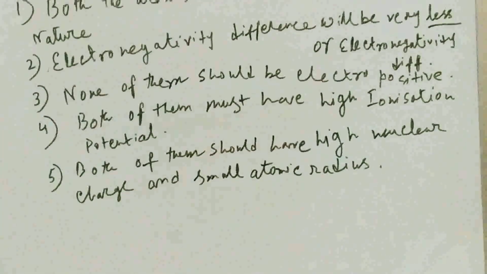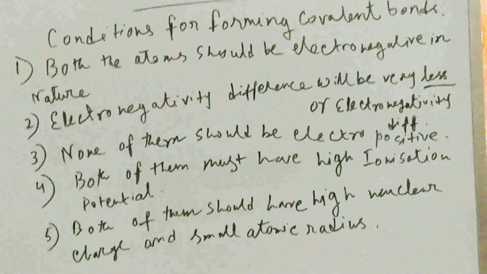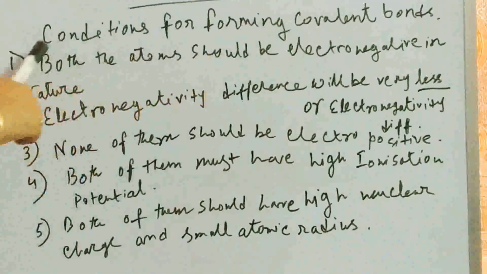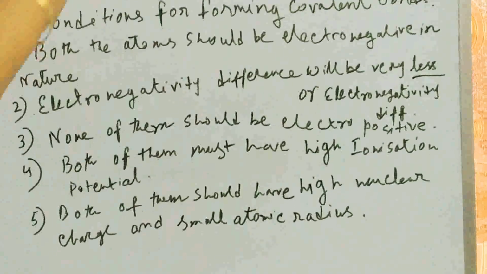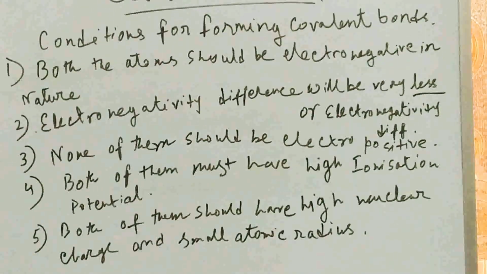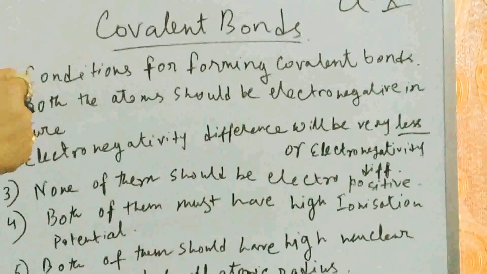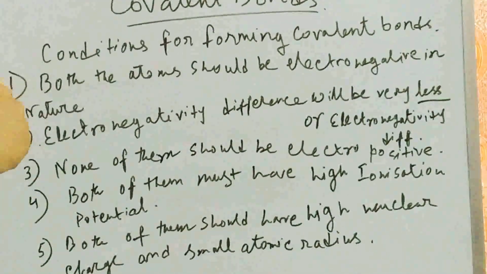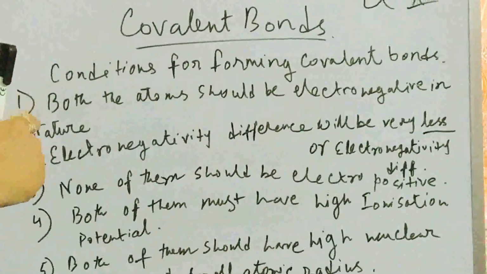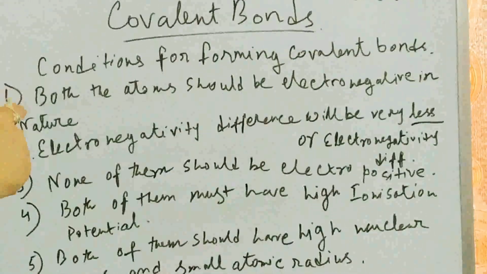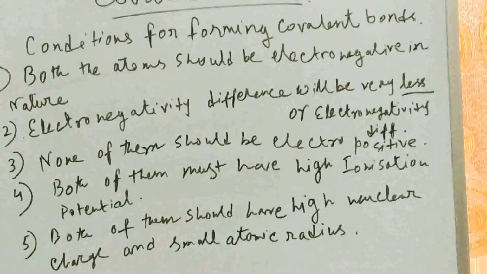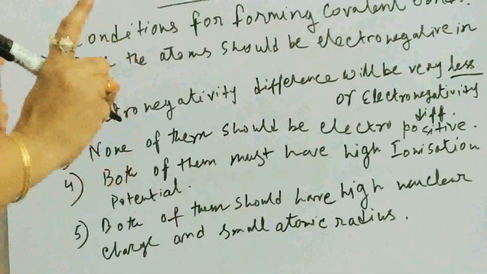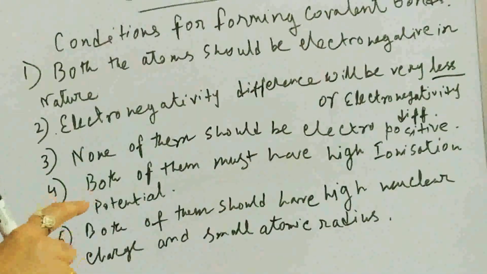So, what are the conditions for formation of covalent bonds? Both the atoms should be electronegative in nature, as I have already told you earlier. If any of them is electropositive, then the question will come of donating or accepting electrons, transferring of electrons. Those will not happen in case of covalent bond formation.